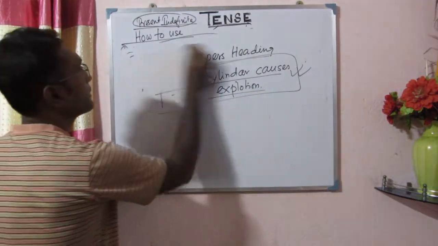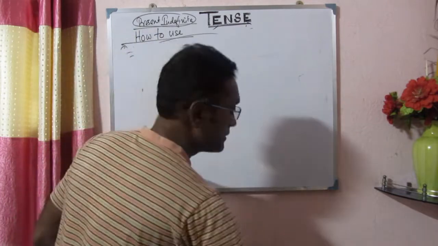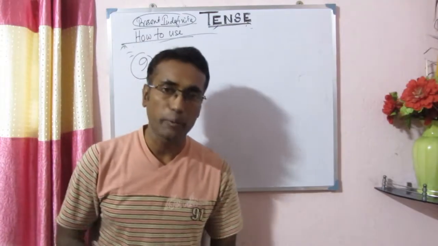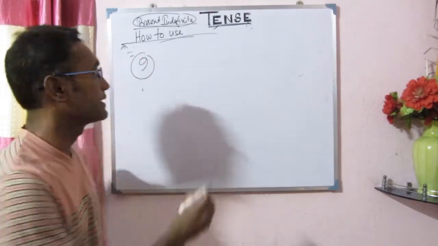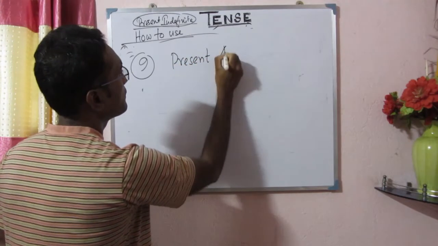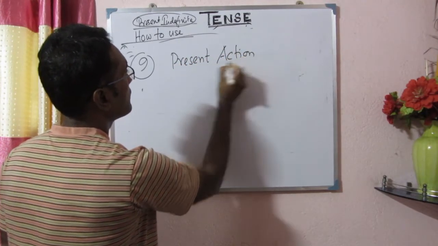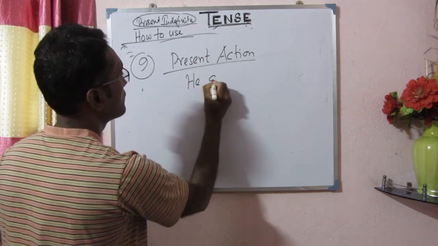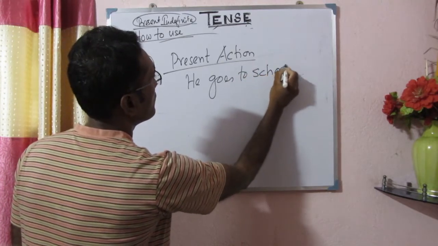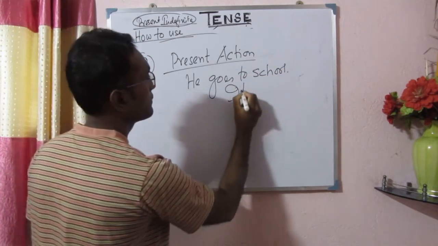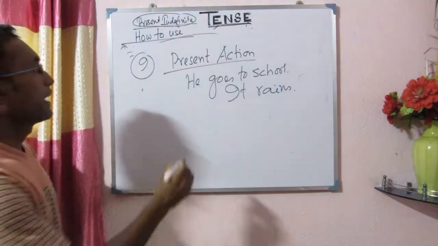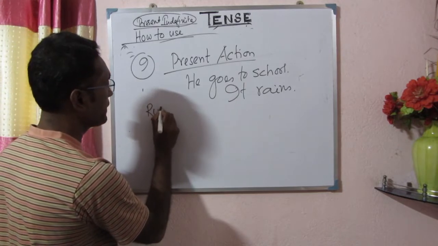And at last, number 9 point is present form, or present action. He goes to school. Okay, it rains. That's it. And what is the rule of the present indefinite tense?